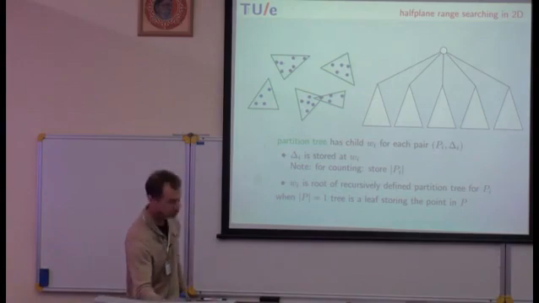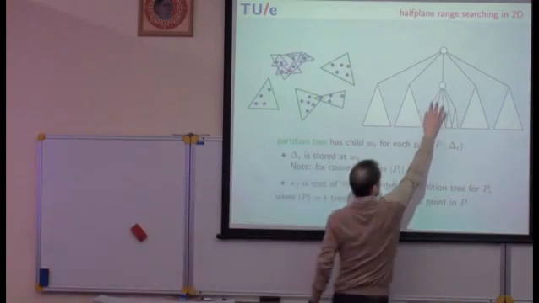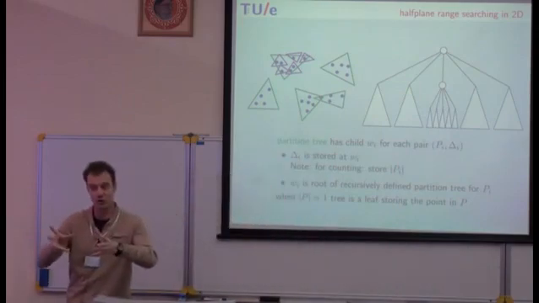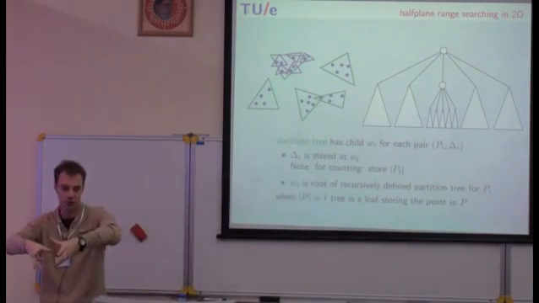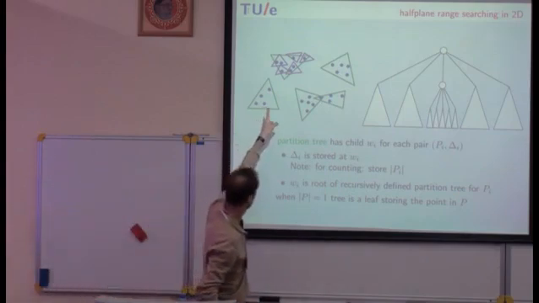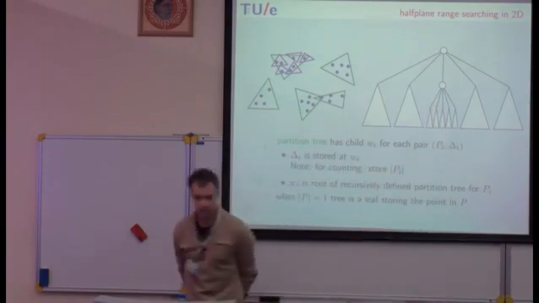And then each of these subtrees is defined recursively on the point set. So for instance, you get something like here, where maybe this node corresponded to that triangle. Then for all the points in that triangle, you take another simplicial partition, and each of the triangles in that simplicial partition corresponds to a child of that node, and so on.